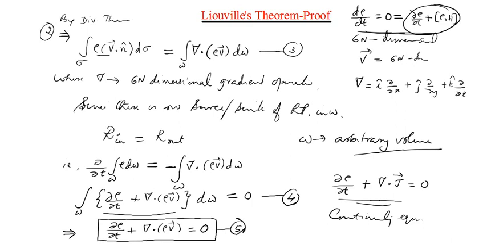Anyway, we should be happy because we got at least this term in the equation. So what will be our next task? Your next task will be to prove that this del dot rho v in equation number 5 is equal to the Poisson bracket of rho with h. If you are able to prove that, then certainly we are able to finally conclude d rho by dt equal to 0, which is nothing but the proof of Liouville's theorem.